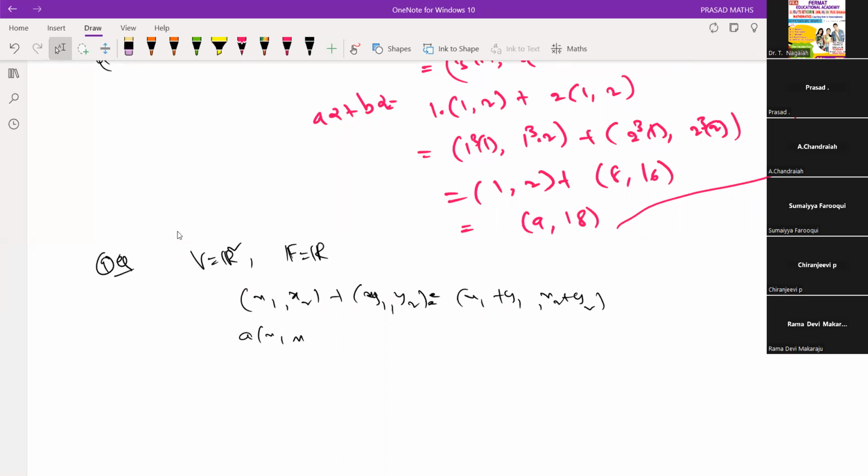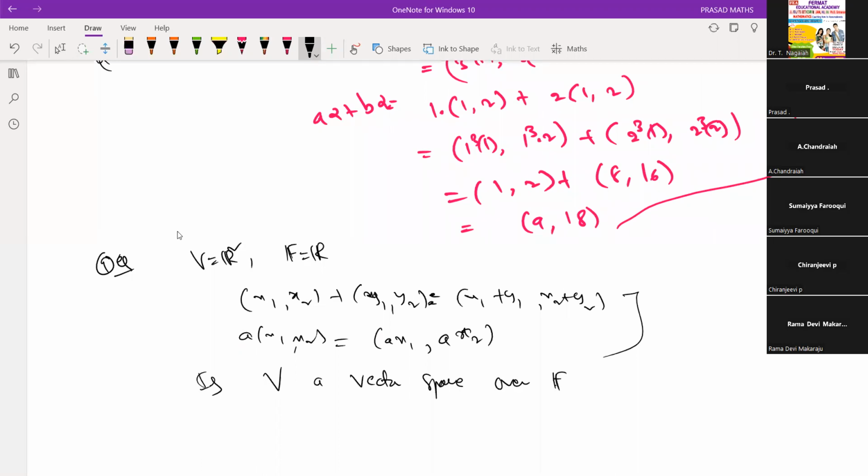And scalar multiplication, if I define it in a different manner, it is also not a vector space, we have seen, in the last examples. So what I do is make it also component wise: (ax1, ax2). So if I define this, the question is, is it a vector space over the field R?